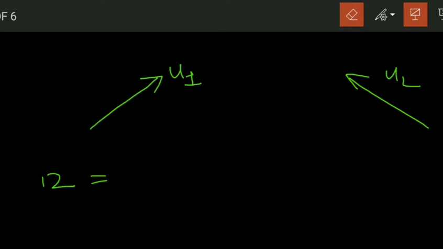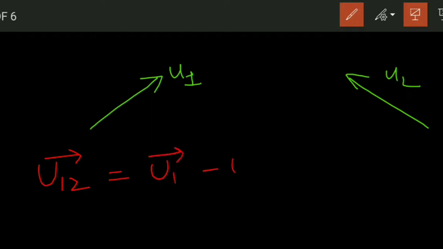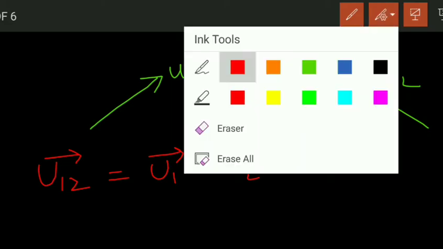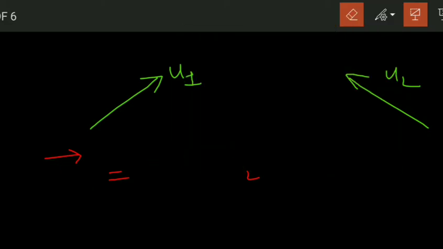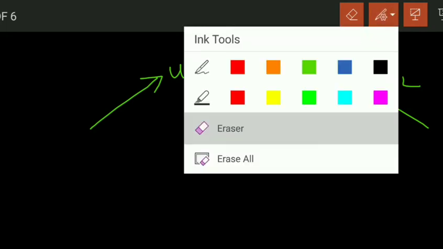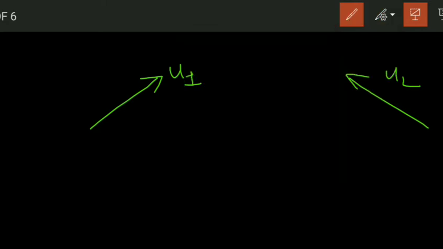Now here u12 vector will be u1 vector minus u2 vector. So how to do this? See, here I have u2 vector. I will write it here, u2.